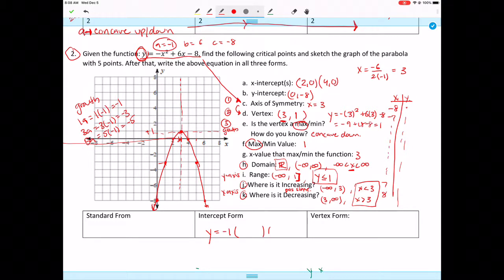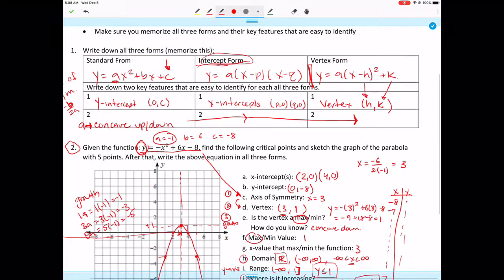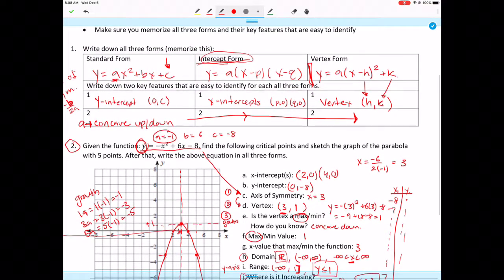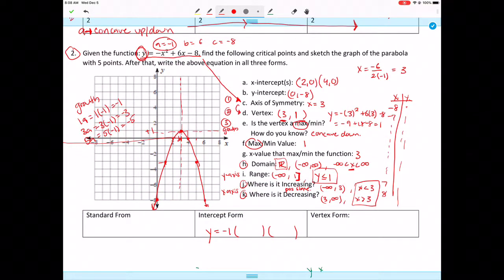And then we're going to have these 2 parentheses, x minus p and x minus q. So it's always going to be x minus something and x minus something. Okay? I mean, they should call it the X-Intercept form because it's based on the x-intercepts.